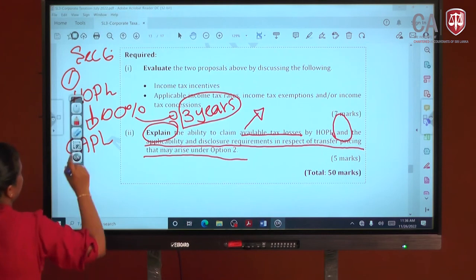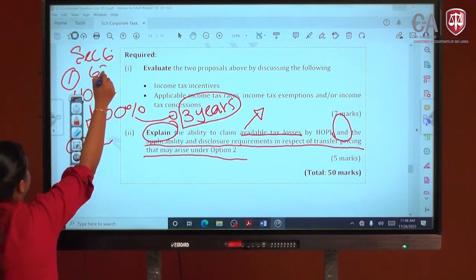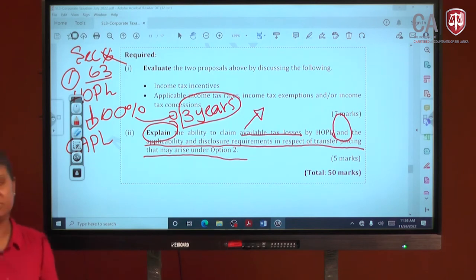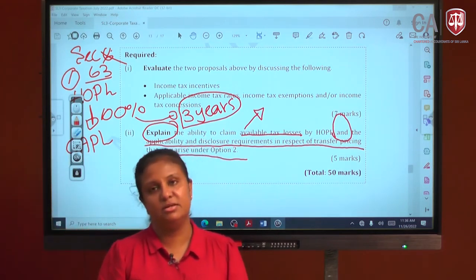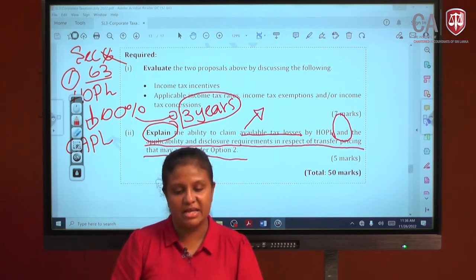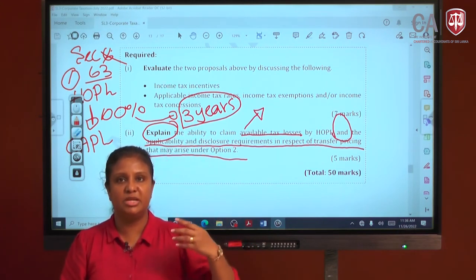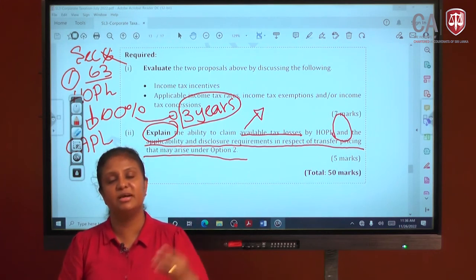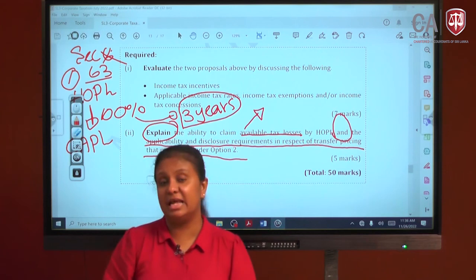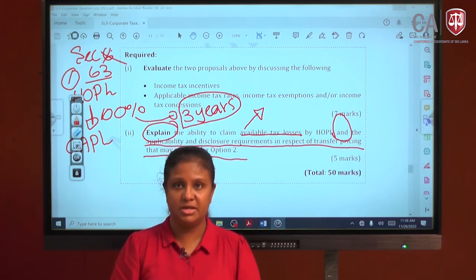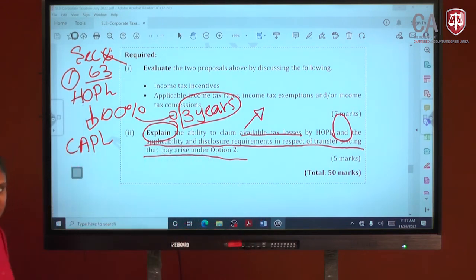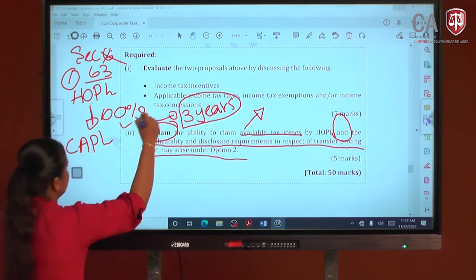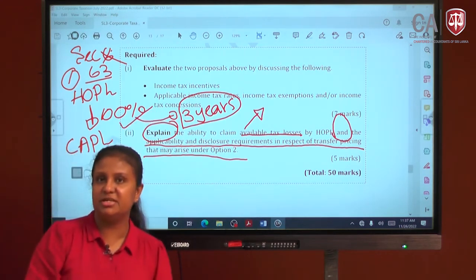Section 63 is the change of control. Accordingly, there are 4 things: business loss, finance cost, the amount to be reversed, and the particular long-term contracts and all. It shall not be claimed after the change of ownership if the ownership has changed more than 50%. In our case, yes, ownership has changed more than 50%, accepted.